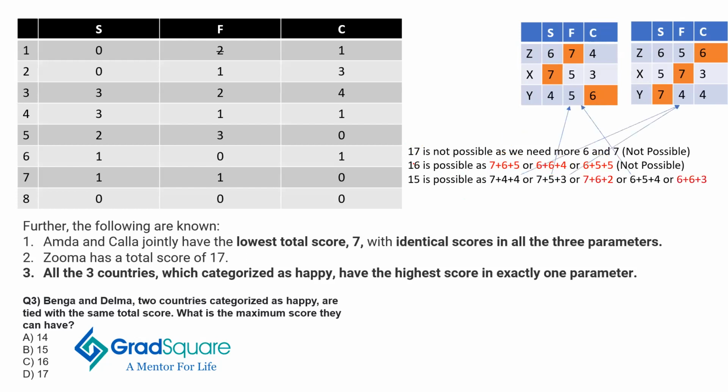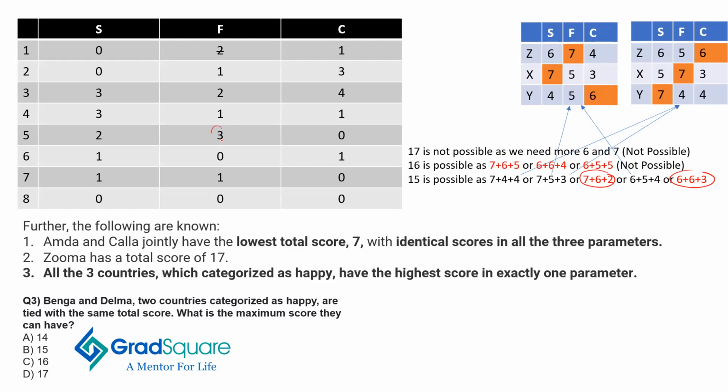Next case is 15. So 15 is possible if I'm not going to take this case, and if I'm not going to take this case where we need multiple 6s and 7s, the other cases are quite possible. So I made this case here. If X takes 7, 5 and 3, that will tally up to 15. And then you have 4, 5 and 6, which will also tally up. And you can have 2 5s here.